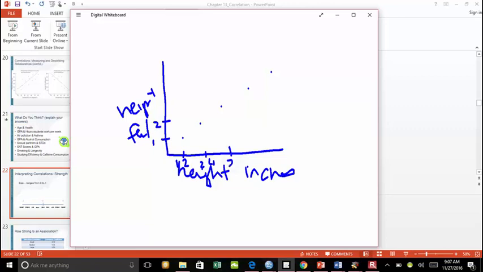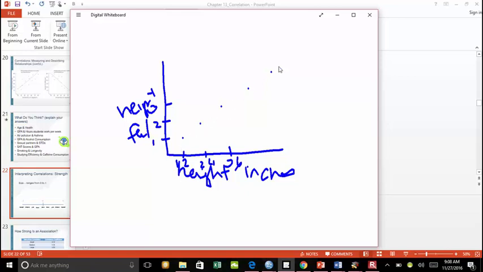If something is 36 inches, it's always 3 feet. There would never be any point that falls off of these lines because it's always the case. Every time you measure something that's 12 inches, it's always 1 foot. This is a perfect relationship, and you would never have any dots that don't fall directly on this line.